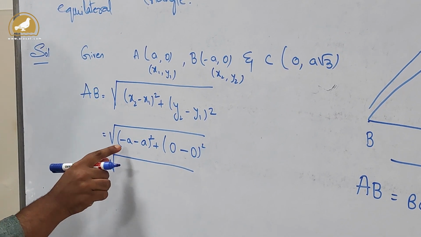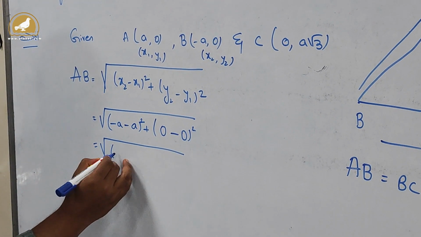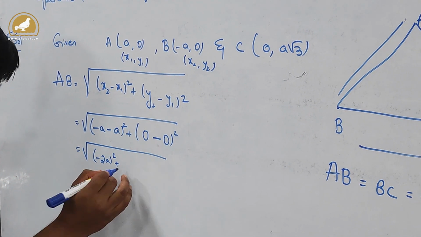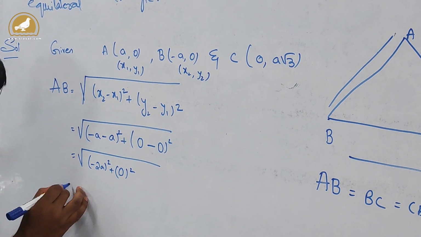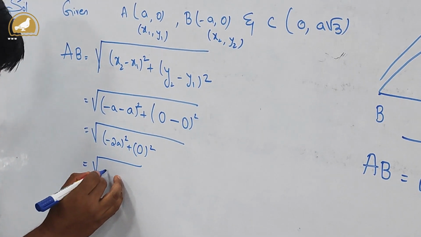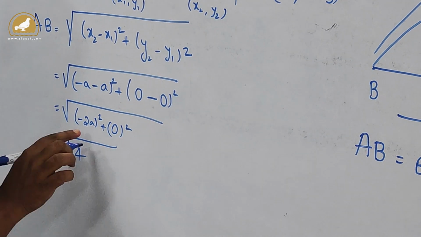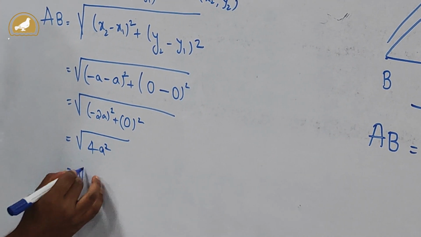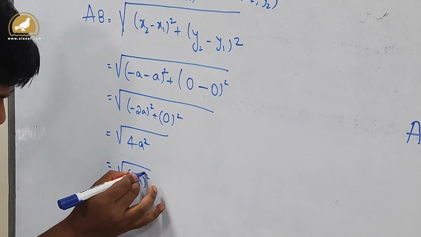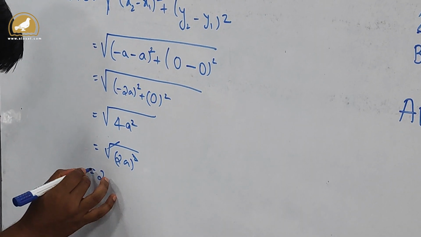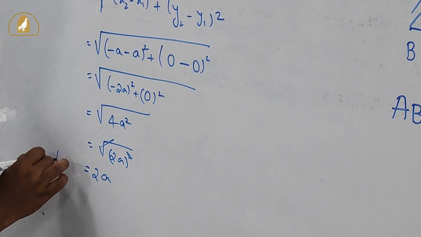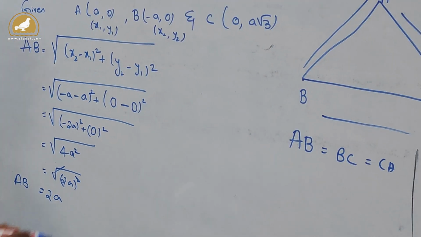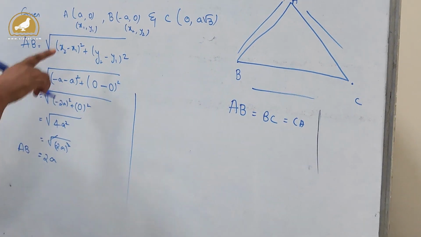Minus a minus a, both signs are same, so we add them, it is minus 2a whole square. 0 minus 0, obviously it is 0, so this can be written as 4a square. I can write it as 2a whole square, square and root cancel, so the answer of AB is 2a.